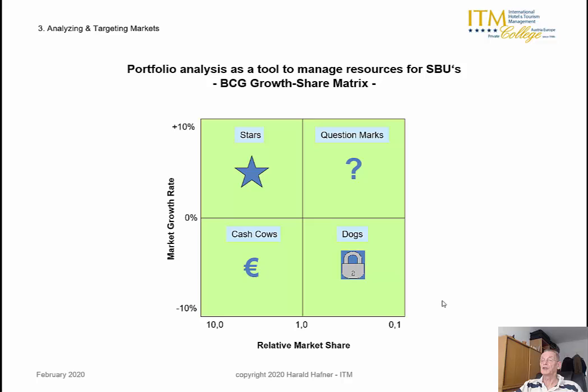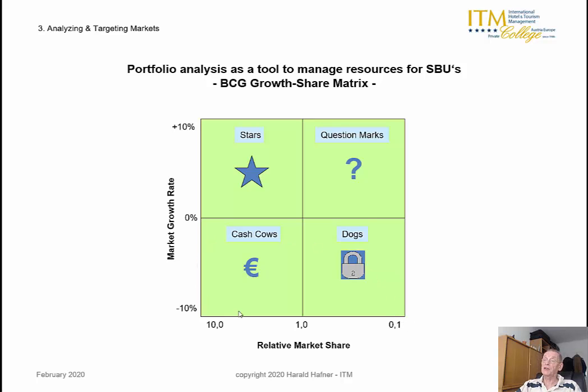And as shown in the figure outlined here, we have stars, which are composed of high relative attractiveness and high relative competitive ability. We have question marks, which have a high attractiveness and a low relative market share.